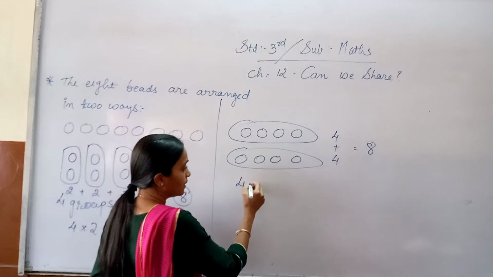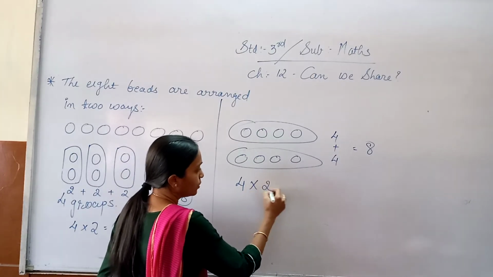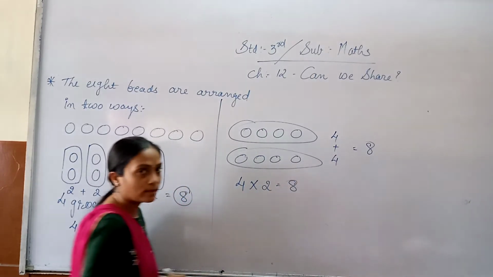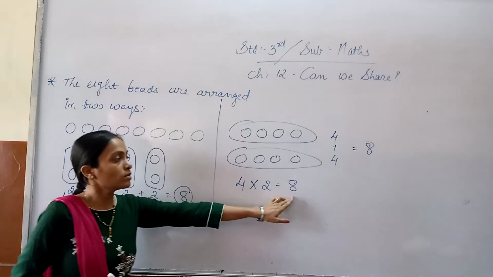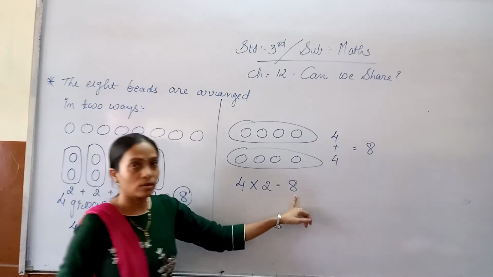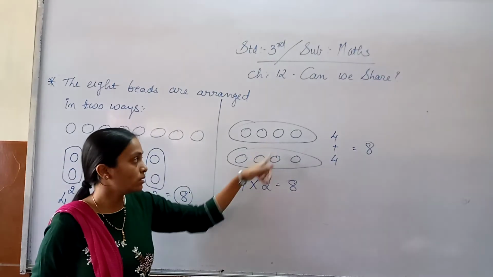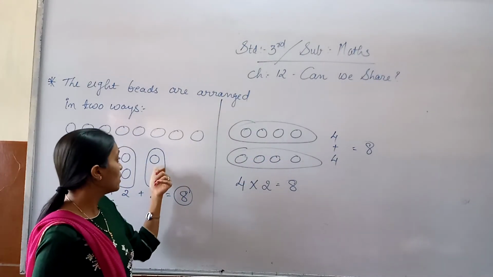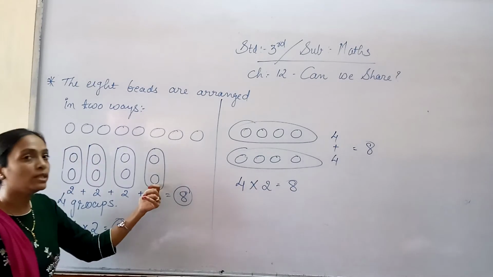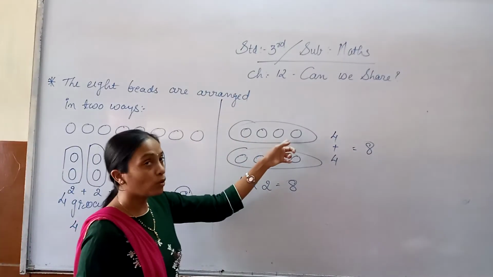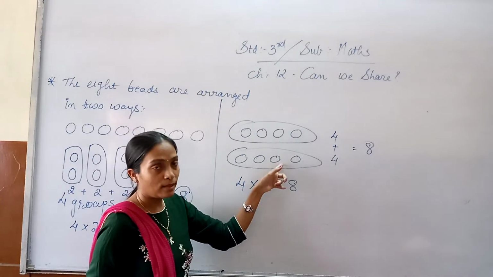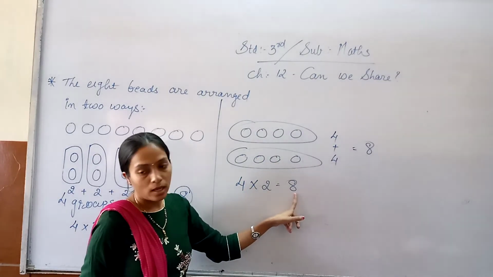And how many groups are there? 2. 4 multiplied by 2, it is 8. Understood? Here it is also the same number. Okay, same answer we got. Different groups. Here we make groups of 2 beads and 4 groups are there, and here 4 beads and 2 groups are there. So it is 4 2s are 8.